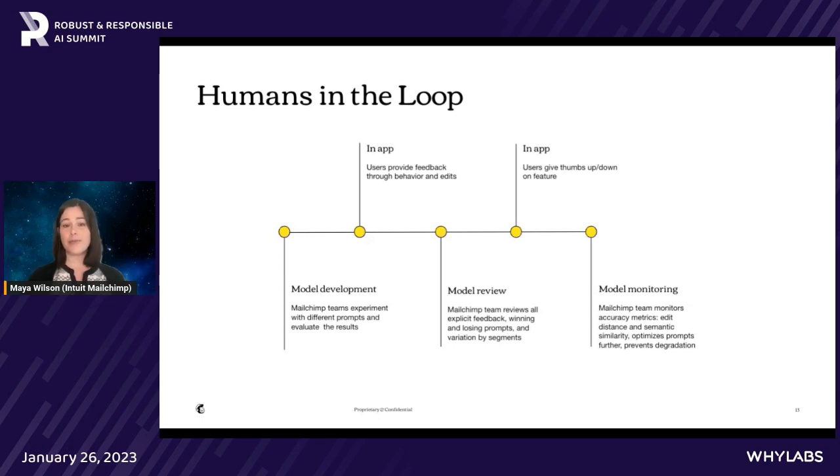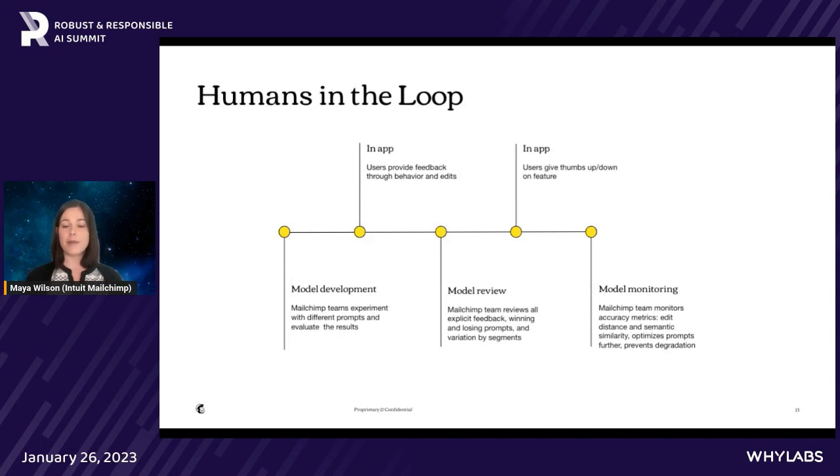Sometimes that means even just better instructions for the user about what this text is supposed to look like, if we're seeing a gap there. Our users also have the opportunity to give us thumbs up and thumbs down metrics. We look at every single piece of feedback. I wish every user would give it. They don't. But for the ones that do take the time to give a thumbs up or a thumbs down, we go and look at that content and see why their experience was what it was.